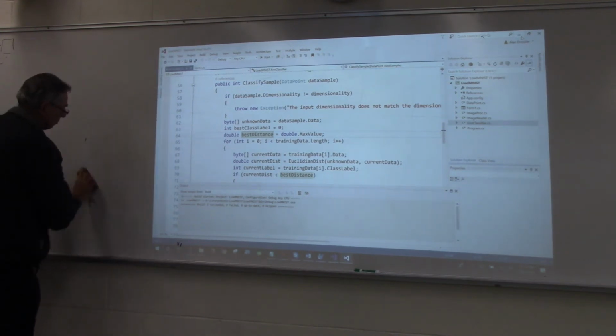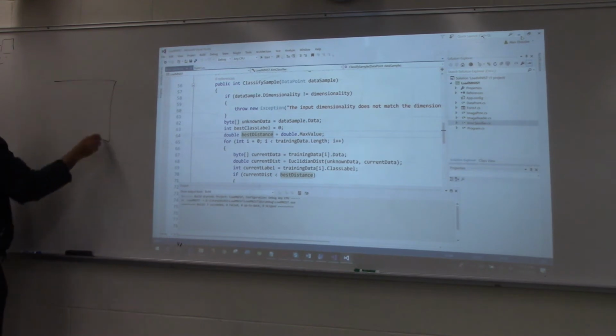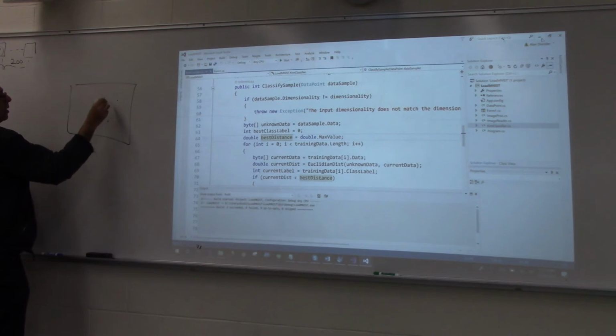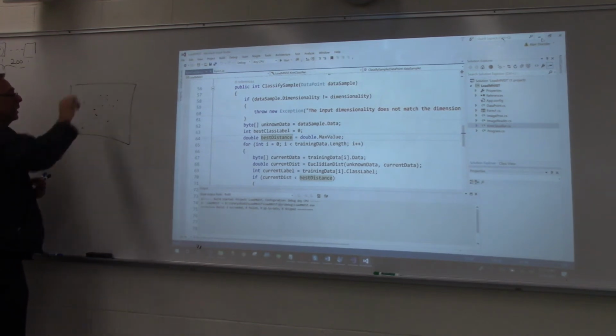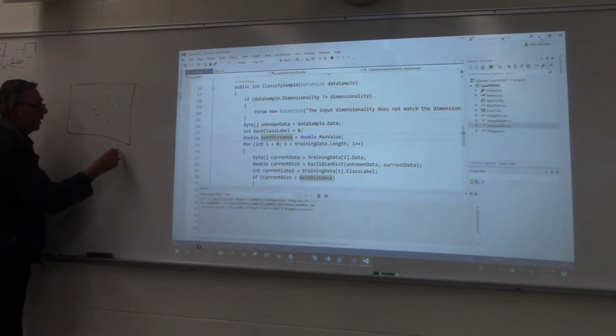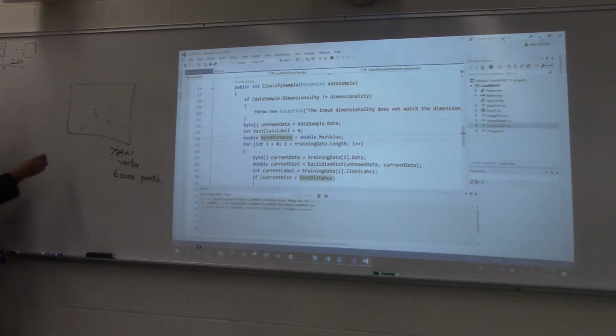Okay, let me draw an example. Pretend these are the 60,000 data points. We don't even have to draw them. We just store them as a 784 by 1 vector, and we store the 60,000 points in some kind of array. Now we give it an unknown digit.